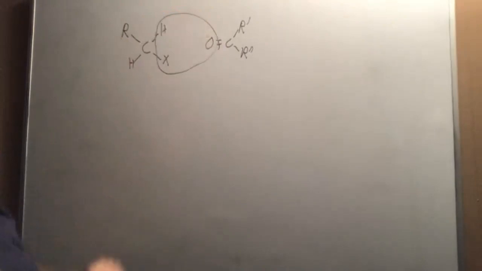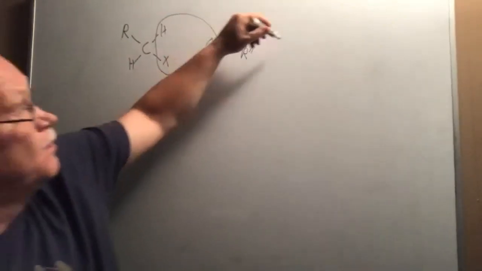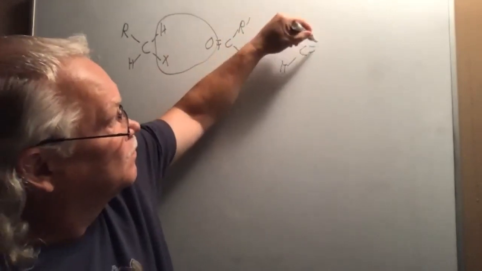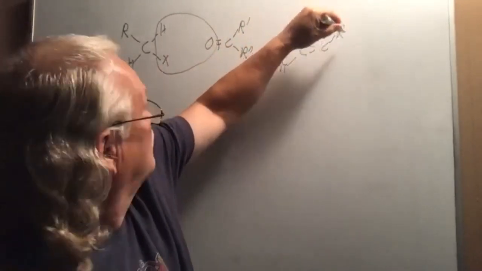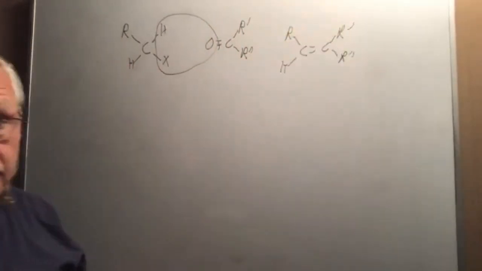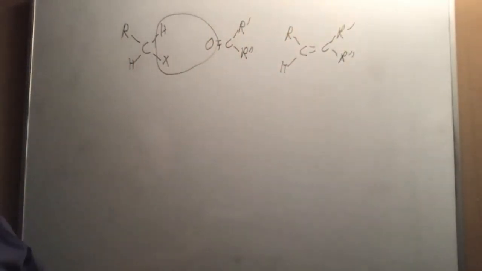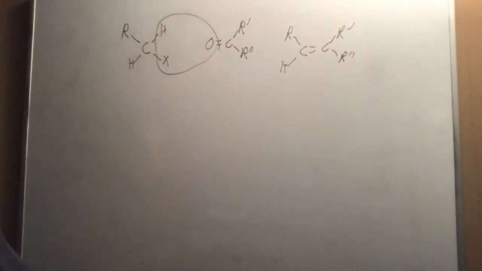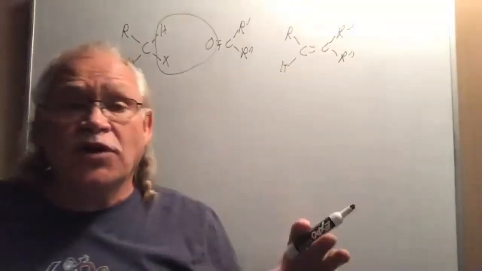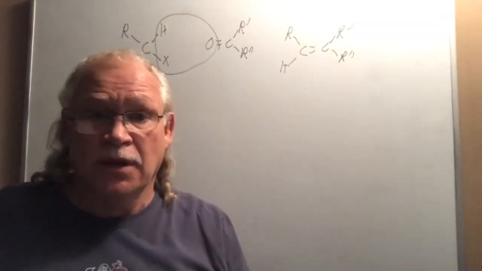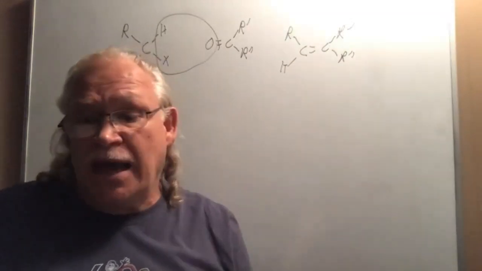These atoms go away, and you get an alkene. So this is the Wittig reaction. It's a way of coupling two carbons together to form an alkene. Just bear with me for a second.